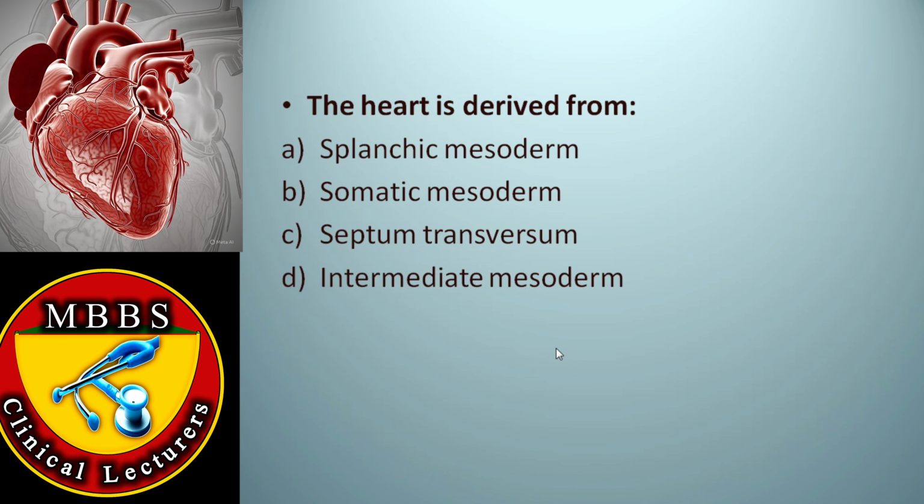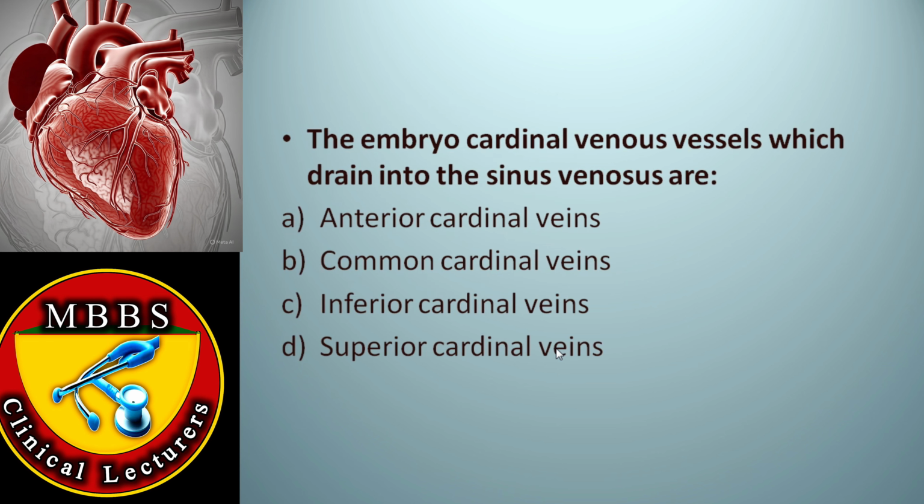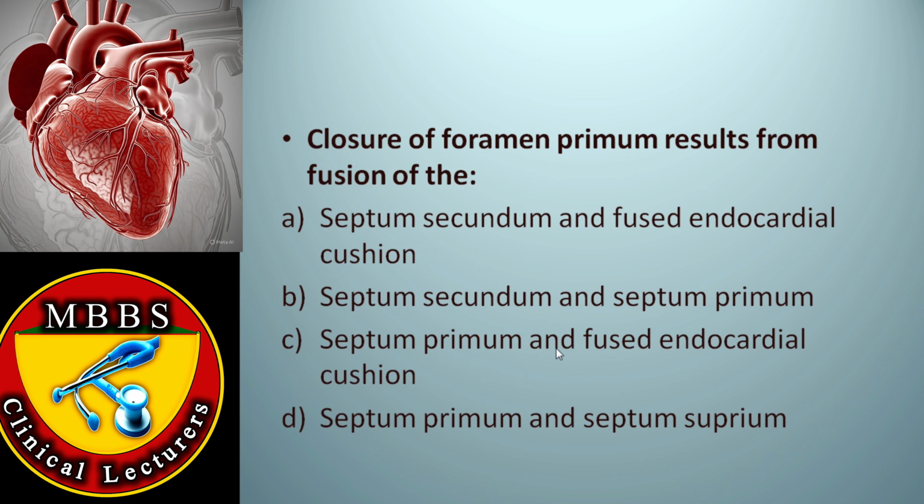So a brainstorming exercise, you may give the answer. Heart is developed from or derived from the embryo. Cardinal venous vessels drain into the sinus venosus through the common cardinal vein. Okay.